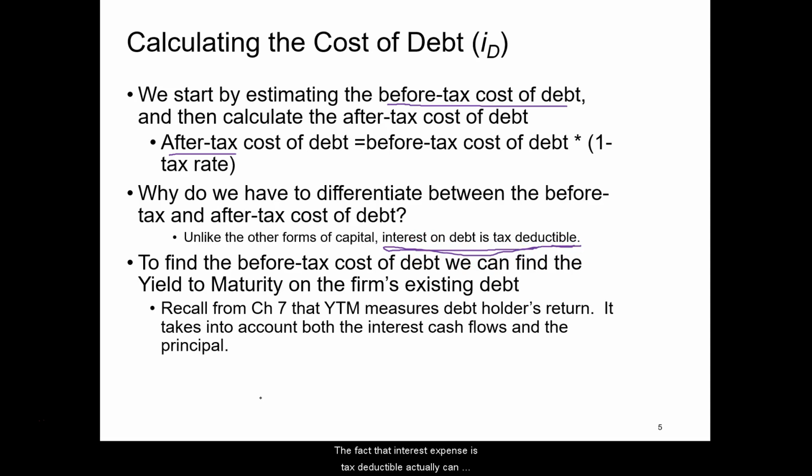The fact that interest expense is tax deductible can help the company save some tax money. So in that sense, after tax, the actual cost for the company is lower than the interest rate the company is paying. So we want to use the after-tax cost of debt to reflect the actual cost of the company borrowing money.